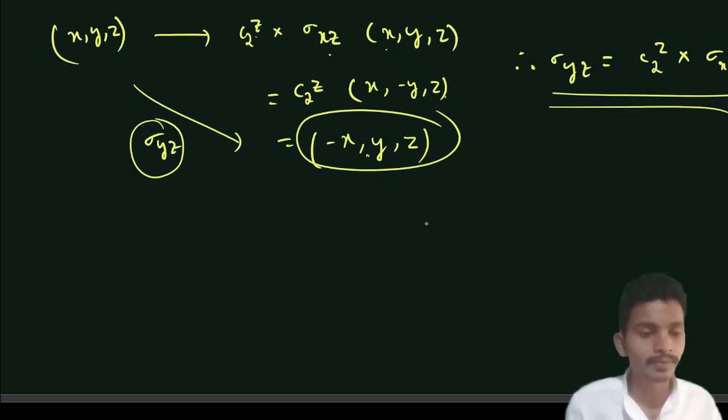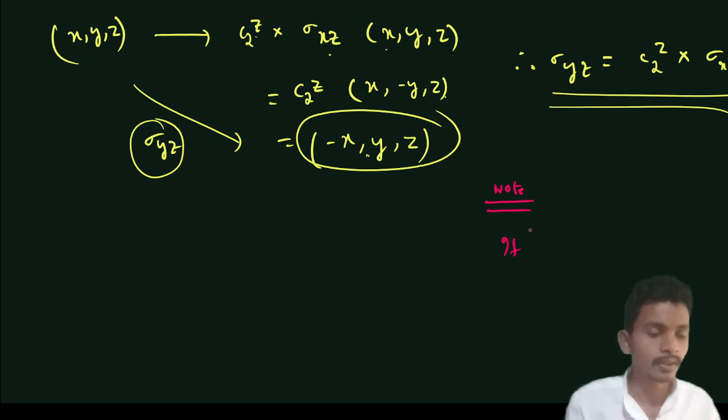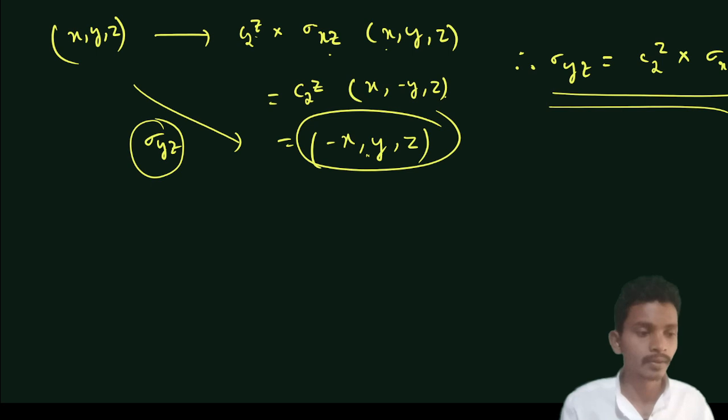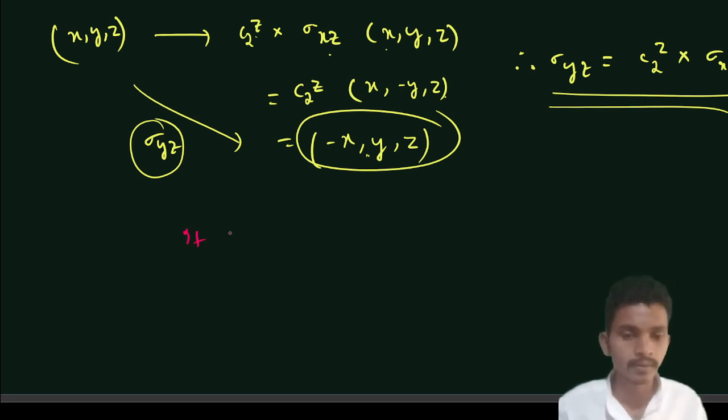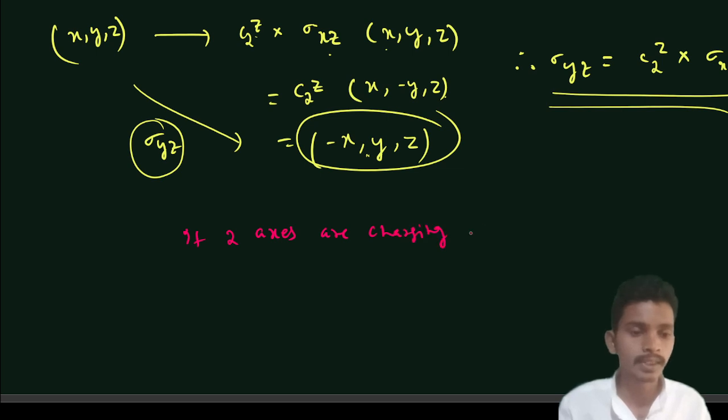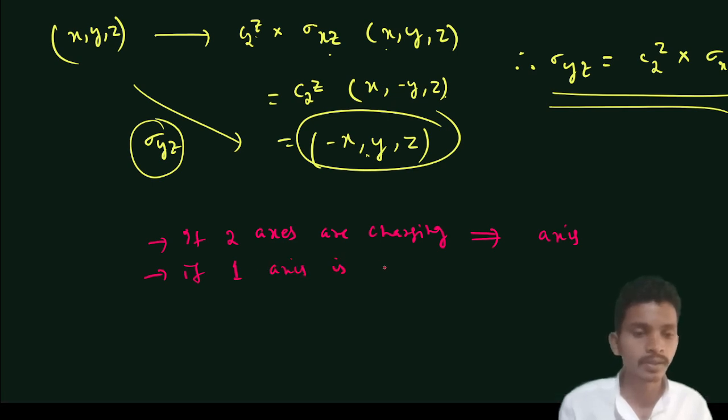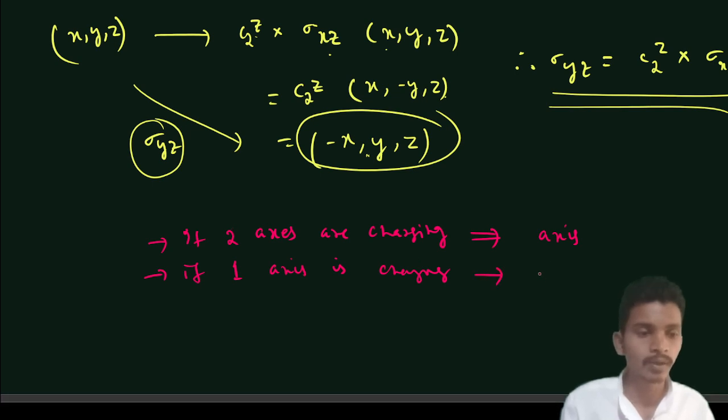So what we remember is that if two axes are changing, then I will look for an axis, and if one axis is changing, then I will look for a plane.